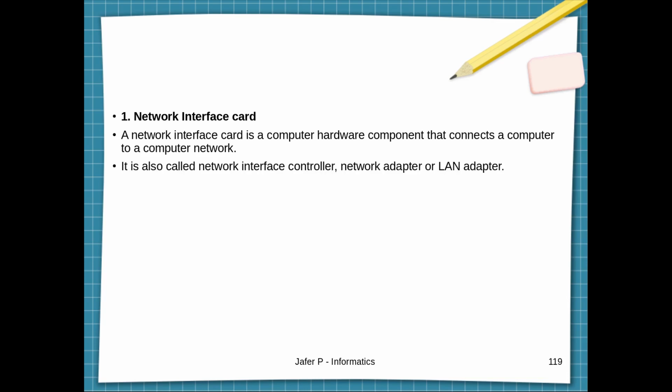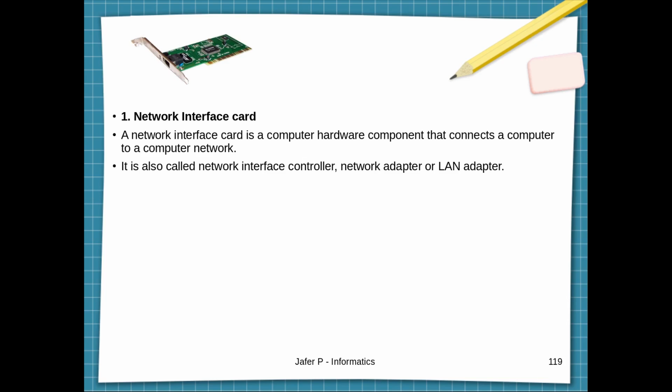It is also called as network interface controller or network adapter or LAN adapter. The other names of network interface cards are network interface controller, network adapter or local area network adapter. This is a figure of network interface card. This is a hardware that is being installed in your computer system.